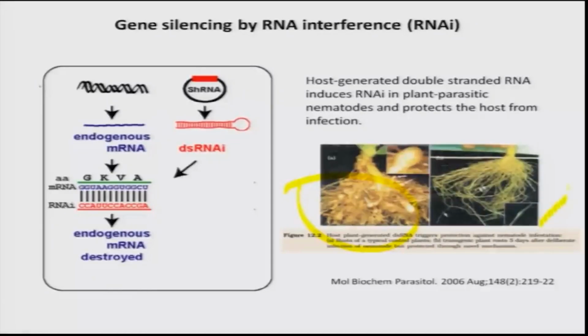Even if you now infect the plant with these nematodes, because the nematodes eat the plant cells for their survival, the double stranded RNA gets into their gut, and that can trigger a systemic kind of silencing of the gene.